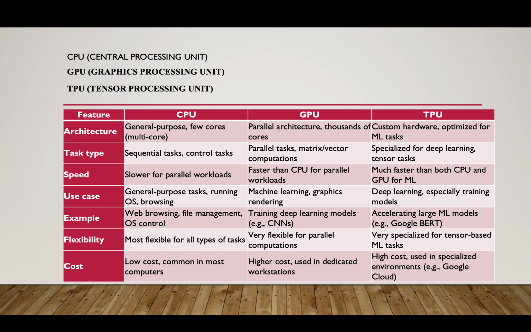Now coming to the GPU perspective, what is it? GPUs were originally designed for rendering graphics and managing images on a computer, but they are now widely used for parallel processing in many fields, especially machine learning and deep learning.